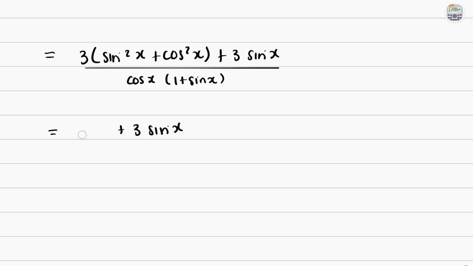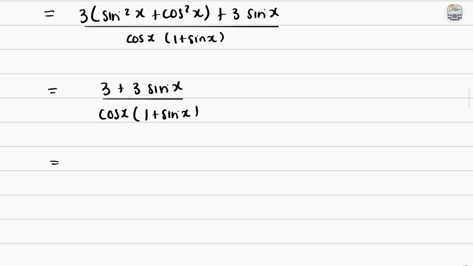Okay, so you can rewrite it like 3 plus 3 sine x over cos x, and then 1 plus sine x. And now in the numerator, do you see that we have a common factor of 3? So when we take that out, we are left with 3 divided by 3 is 1. 3 sine x divided by 3 is positive sine x. And that is identical with what we have in the denominator.